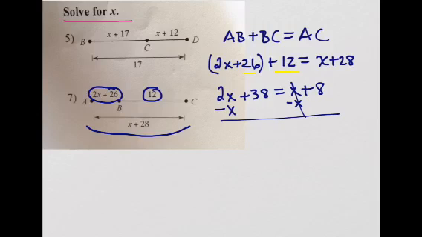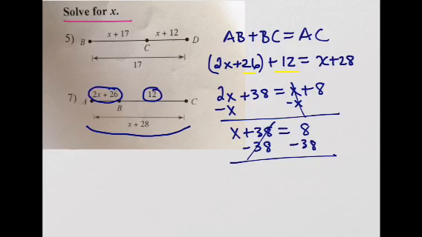So that's 0 over here. So on the left side I have x plus 38 equals 8. Now I'm going to subtract 38 so that x is by itself. We're isolating the x. So on the left side now we have x. On the right side we have negative 30. And that's the answer, because again we're solving for x.